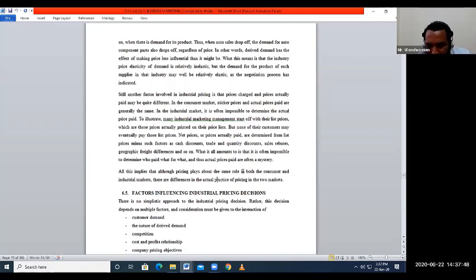We have to consider the competition. Sometimes there might be some competition in the market. As a result of the competition, if you set a price higher than the competitor, ultimately you fail or you lose market share, since the price change in the industrial market is inelastic.